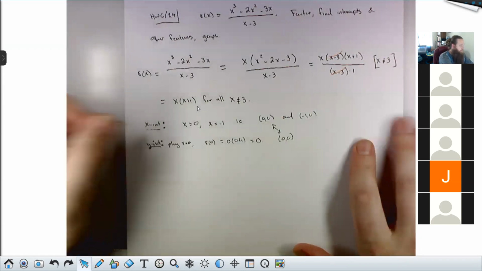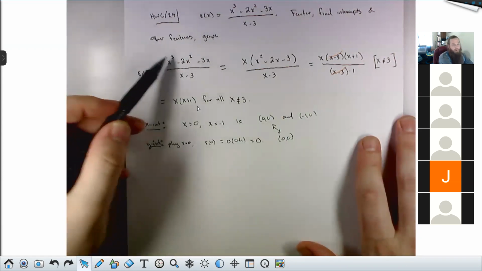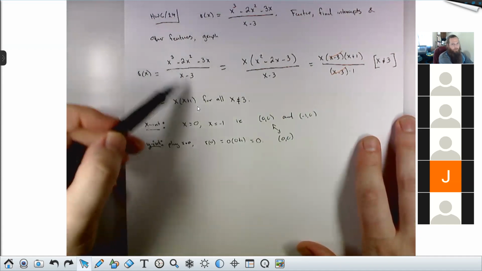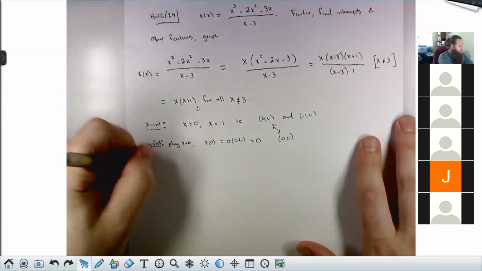No horizontal asymptote, because the degree of the top is bigger than the degree of the bottom.